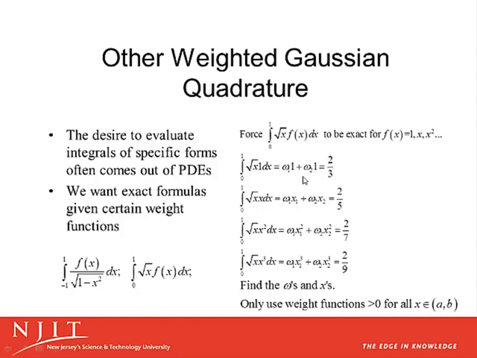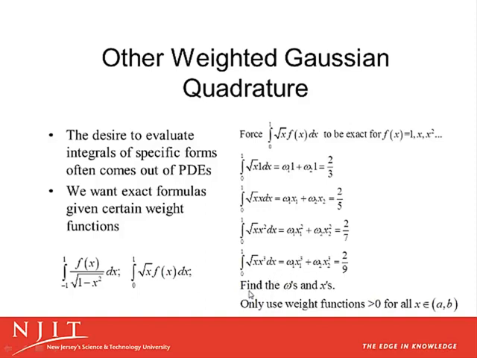If f of x is 1, those just become 1. If f of x is x, we just plug in x1. If f of x is x squared, and so forth, and we work out these exact integrals, and we would solve these 4 nonlinear equations for the 4 unknowns. And we could get a new quadrature method that is particularly good for integrals of square root of x times f of x. So that is another way to go about this.